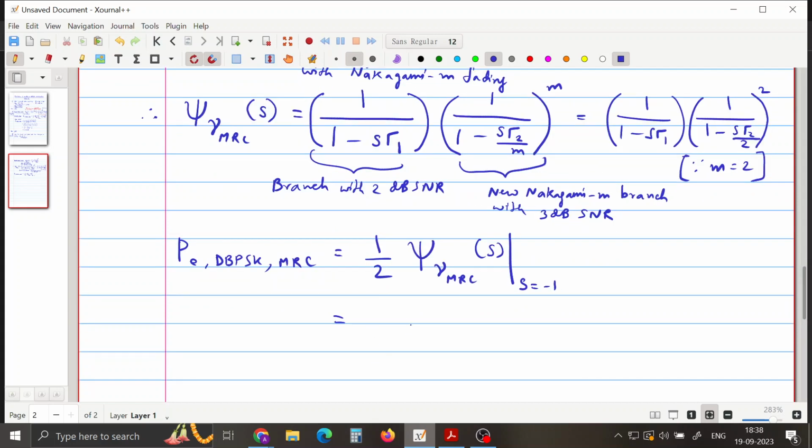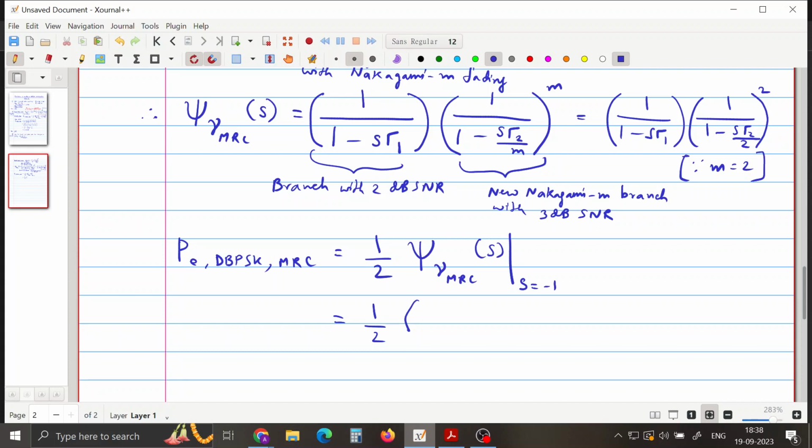So what do you get? Half. Sir, always s is equal to minus 1? Yes, that's how our discussion of MGF started. If you revisit your old lectures in the previous week, that's how MGF is helping us in our bit error rate analysis actually.